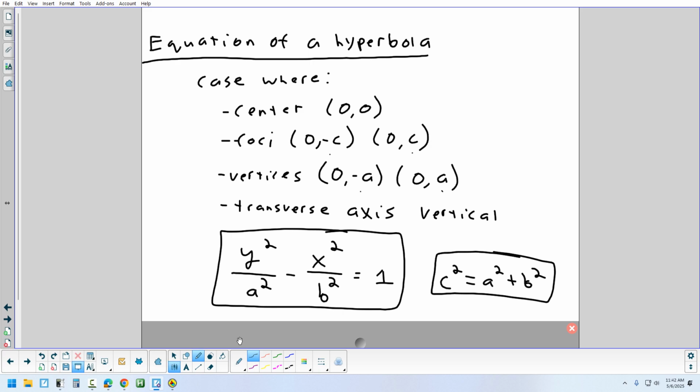And the A and the B are in the same spot. It's the X and the Y that switched. X now has the negative in front of it. Y is the positive. The positive letter is the direction of the transverse axis. And C squared still equals A squared plus B squared.